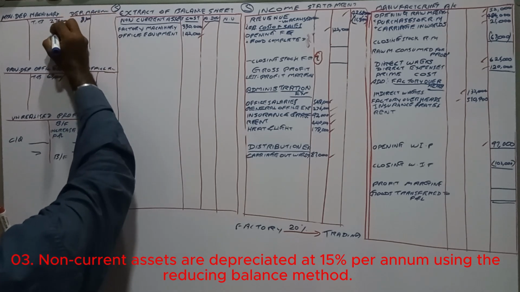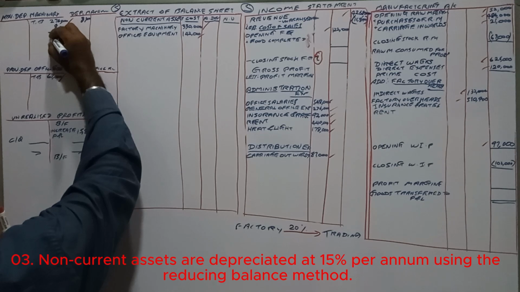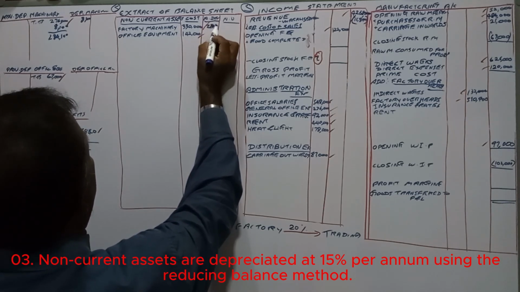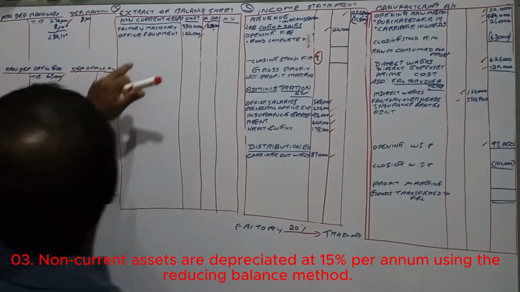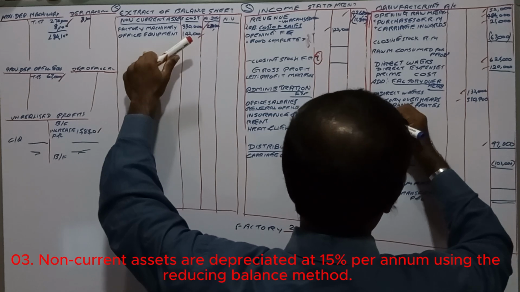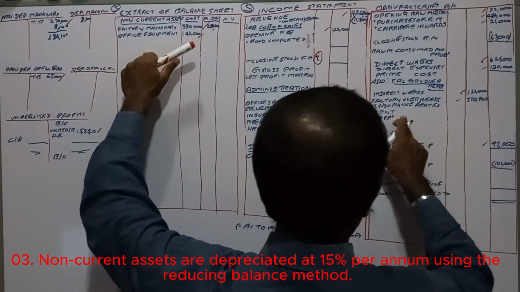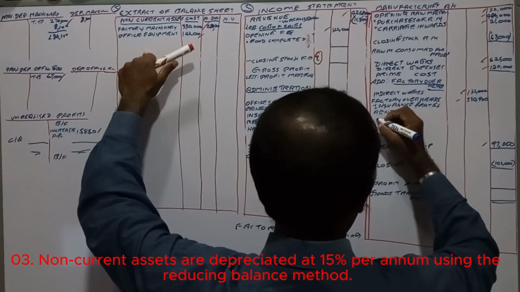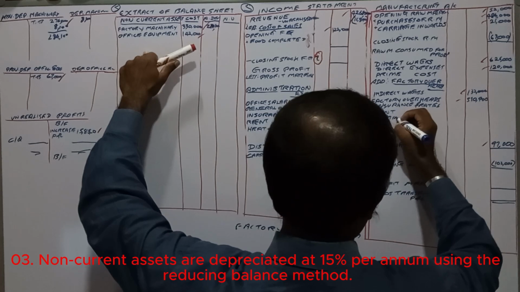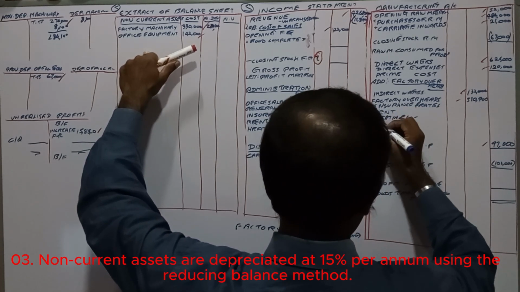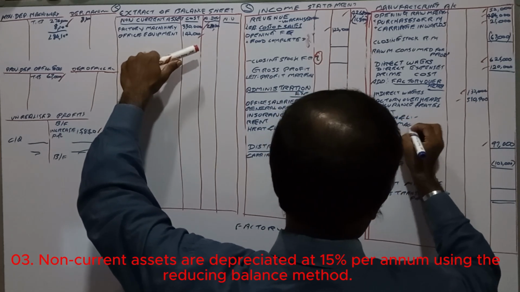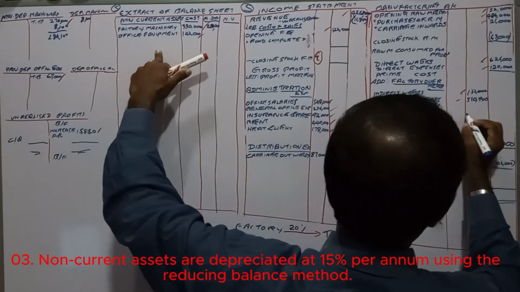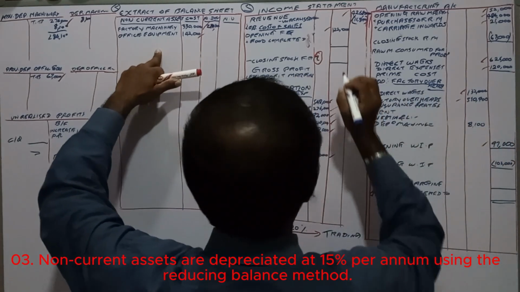And provision for depreciation you have to add it, so 284,100. 284,100 is the accumulated depreciation, and here you have to say depreciation on machinery, how much? 8,100. 8,100 is the depreciation, right?